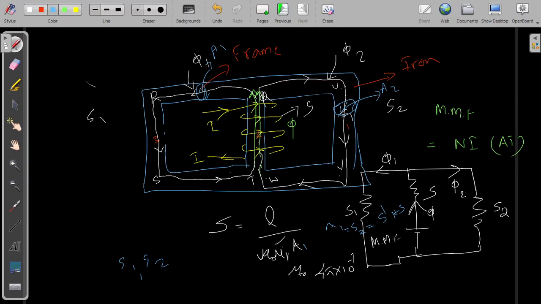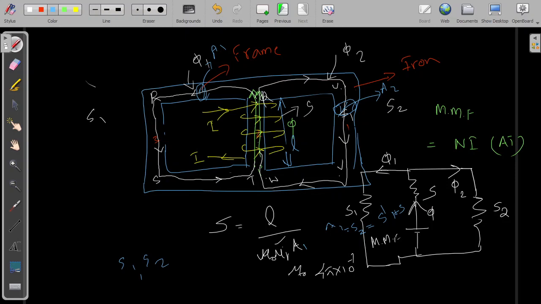Why? Because S has only this much length. But the cross-sectional area is the same, that is A for this limb and A here for path 1, and the second path also has the same cross-sectional area and is made up of the same material, that is iron.